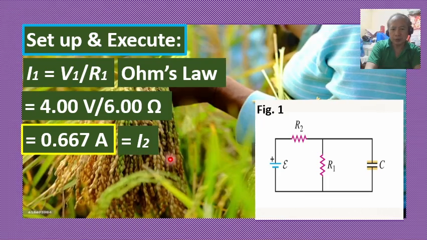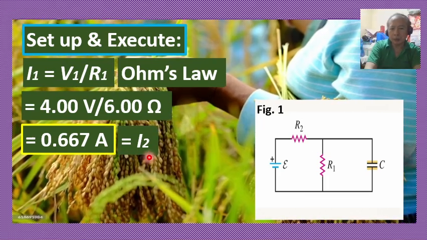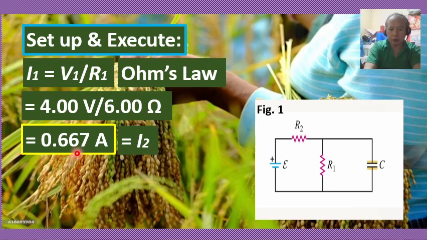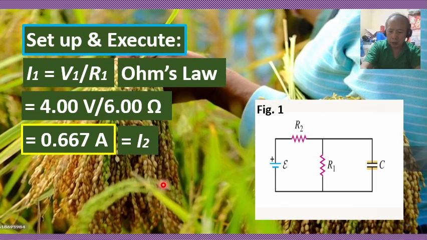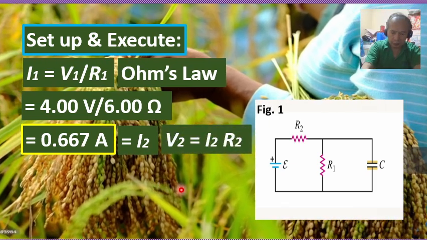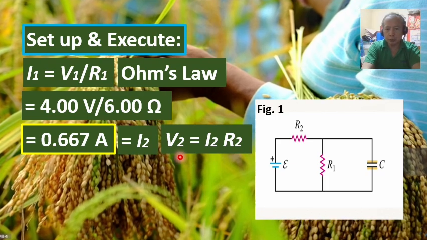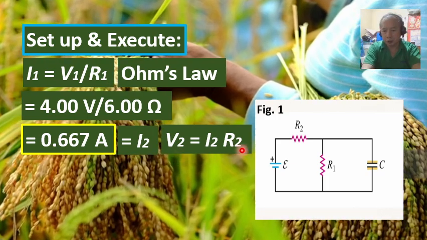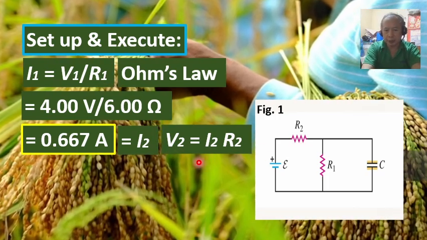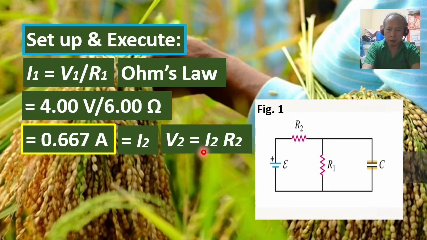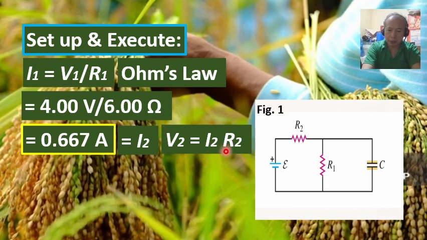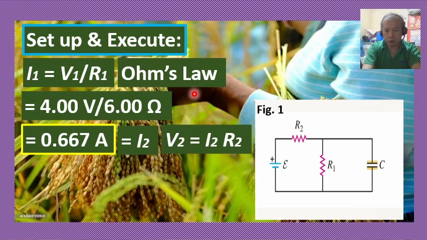So with the current I sub 2 being equal to I sub 1, we can proceed in computing the voltage drop across the resistor R2. That is, V sub 2 equals I sub 2 times R sub 2, based on Ohm's law.